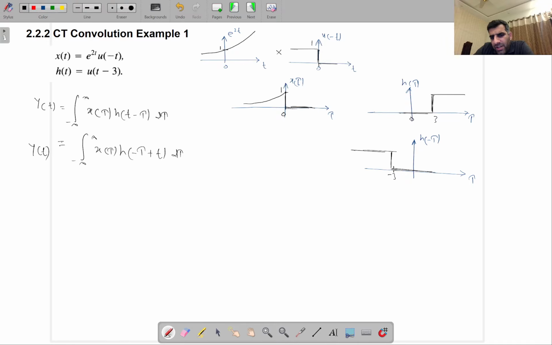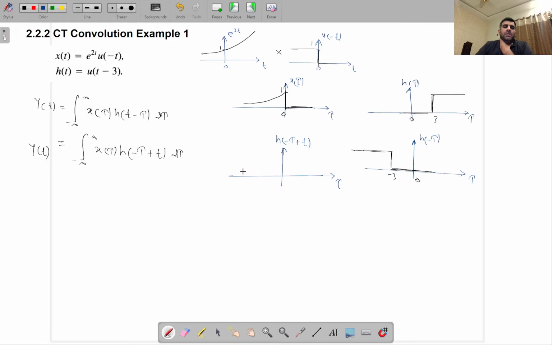So this is a time reversal, as you can see. And now we are going to plot h of minus tau plus t with a shift. So let's plot that, tau and h of minus tau plus t.